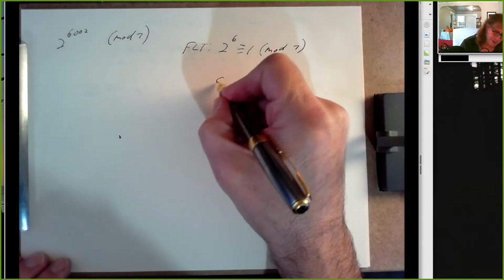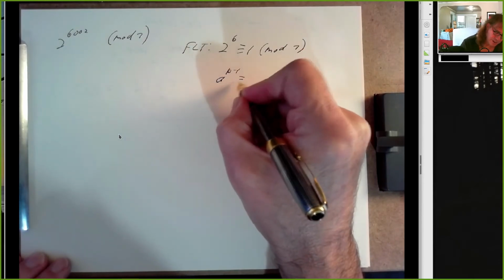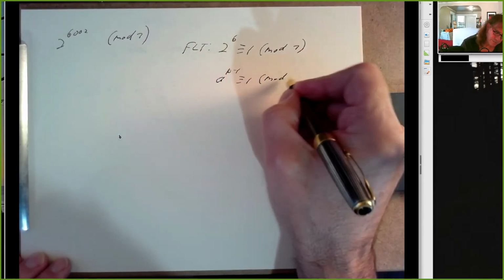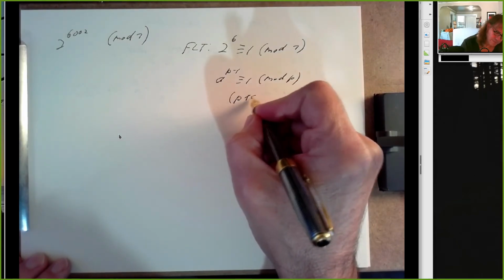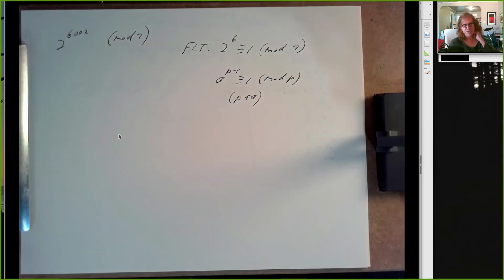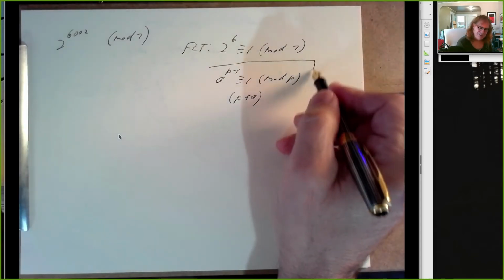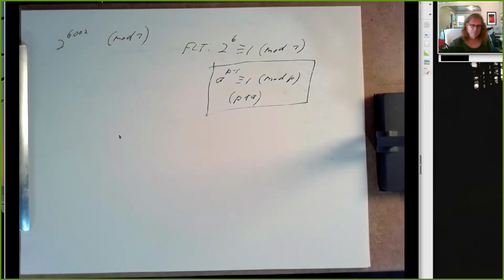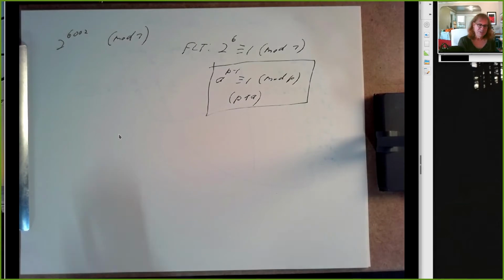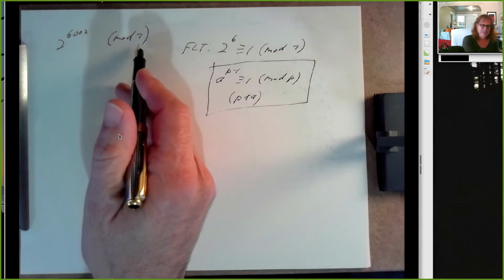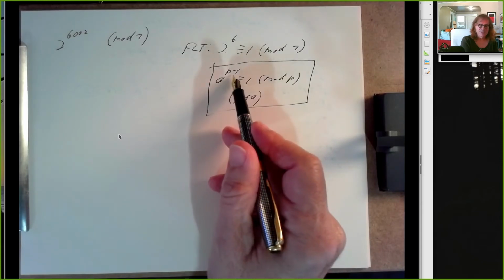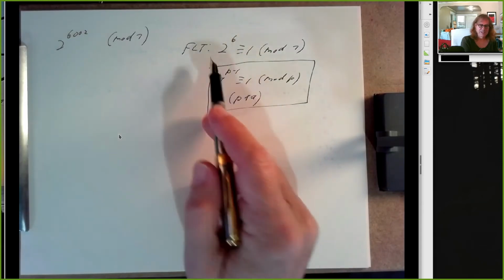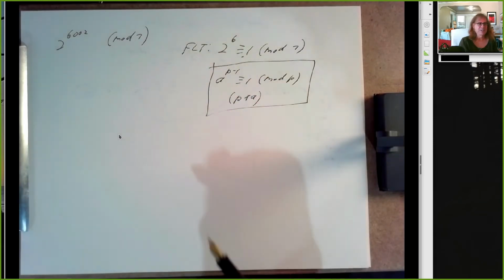In general, it says a to the p minus 1 is congruent to 1 mod p, as long as a is not a multiple of p. So that's the general statement of Fermat's little theorem. For us, since our moduli is 7, FLT says 2 to the 6th is congruent to 1 mod 7.